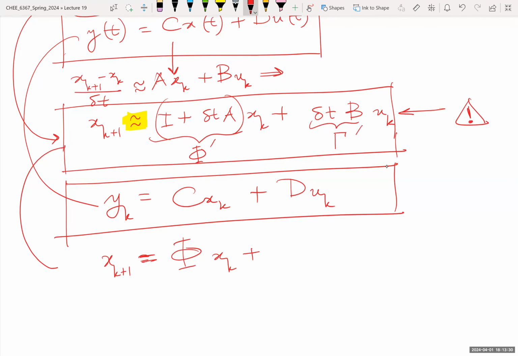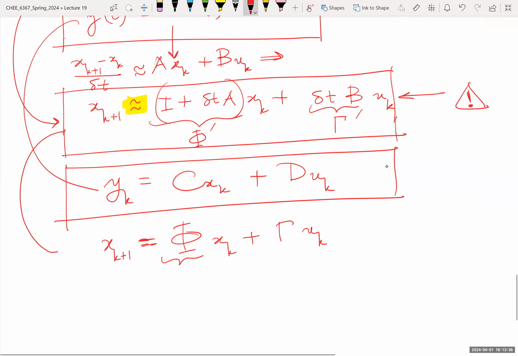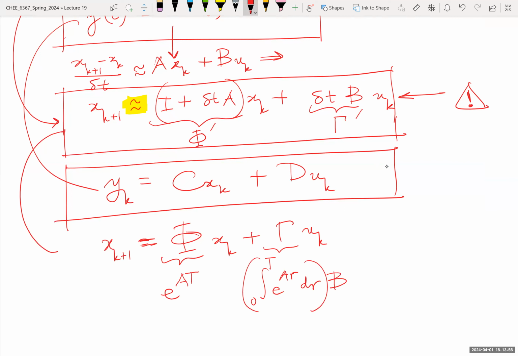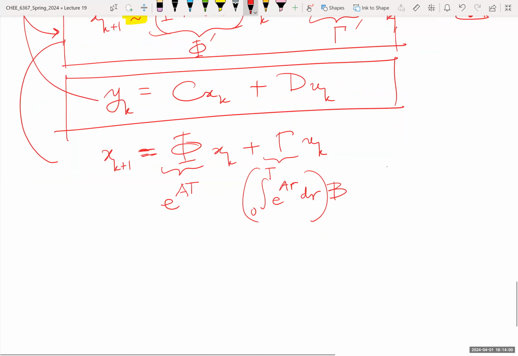So phi x_k plus gamma u_k, where this capital phi is defined as e to the AT, T is the sampling period, and gamma is defined as the integral from 0 to T of e to the A r dr multiplied by B.